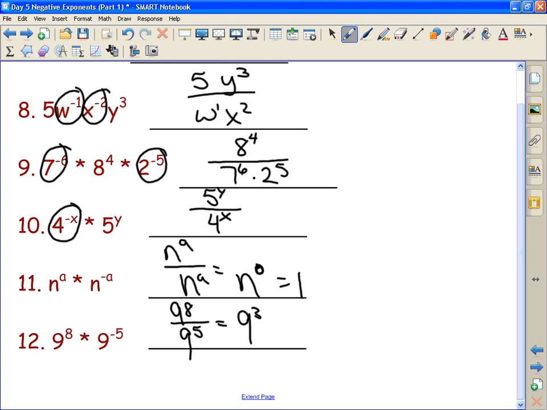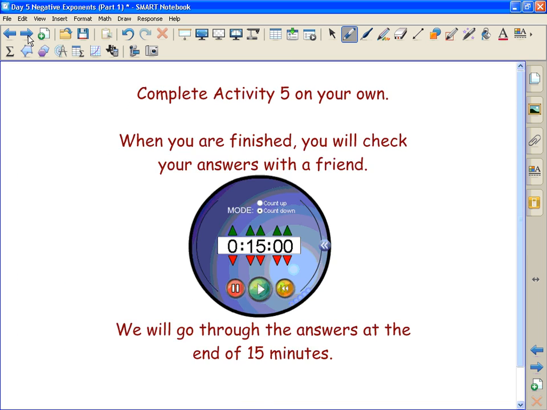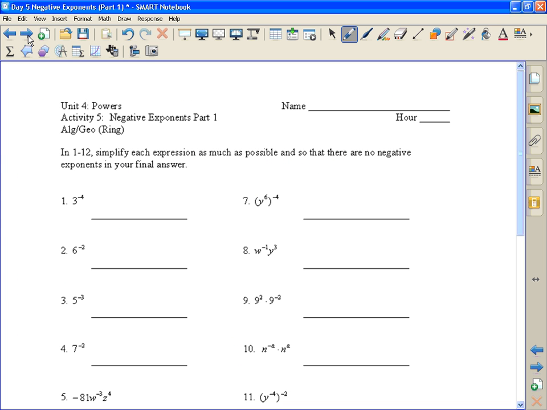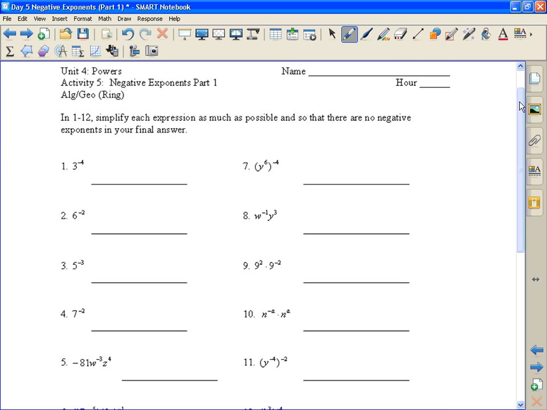Now, I know that the next thing that should be in your packet would be an activity that would look like this. I would like to direct your attention to a problem like number 7. I'm going to highly encourage you, as you start going through these problems, to worry about your negative exponents at the very end. So do all those other properties that we learned first, and then deal with your negative exponents.